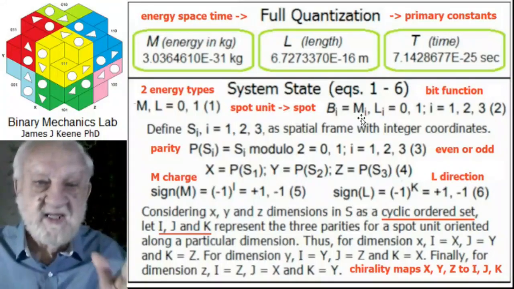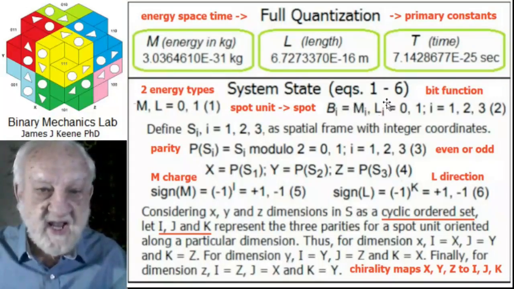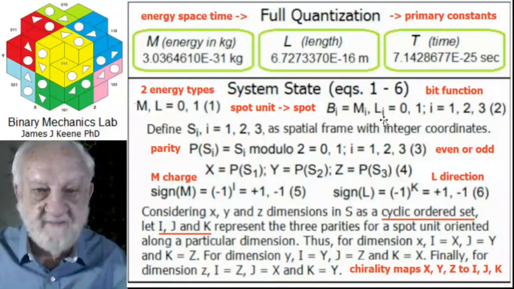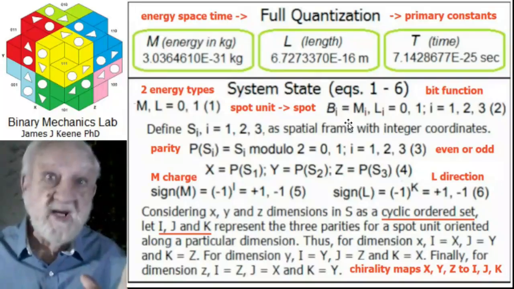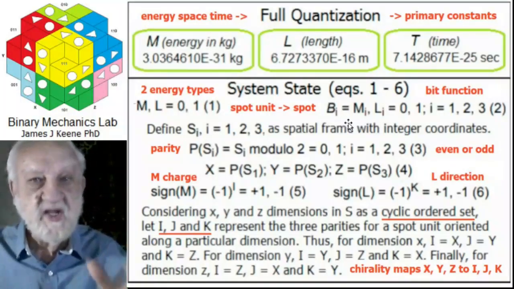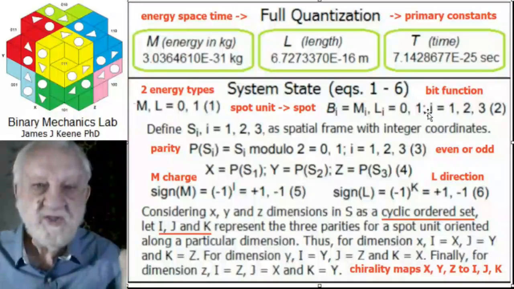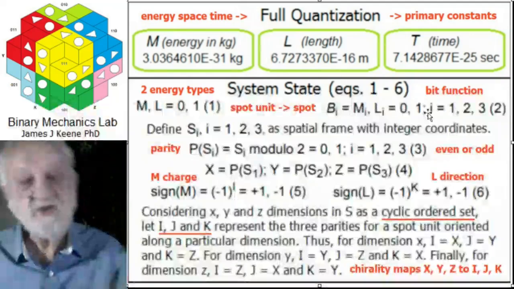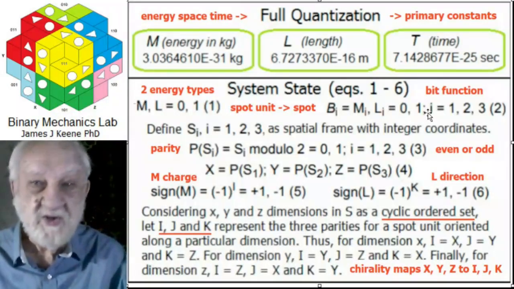So if we collect the states 1 or 0 of the 3 M loci and the 3 L loci, we have what's called the bit function, which replaces the antiquated, outdated 20th century quantum mechanics wave function. Now the bit function can include any number of spots. It just depends upon how big your computer is, how much computing power you have.